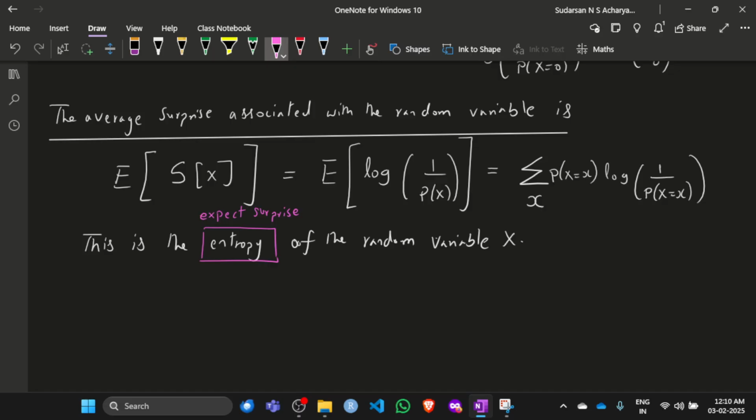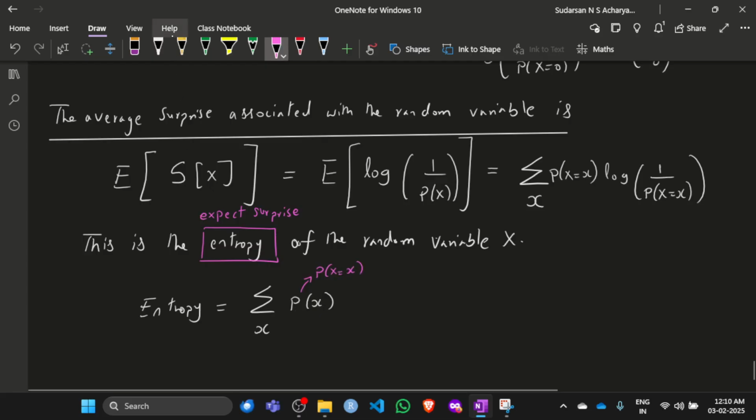So sometimes you will see this entropy written like so. So entropy is written as the sum over all possible values, P of x. Now this little P of x simply means the probability that the random variable capital X takes the value little x, right? Times the log of 1 over P of x.